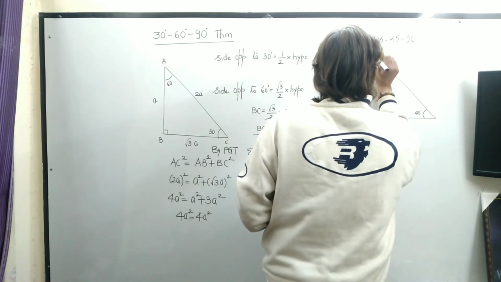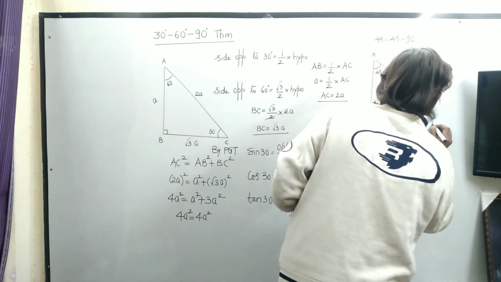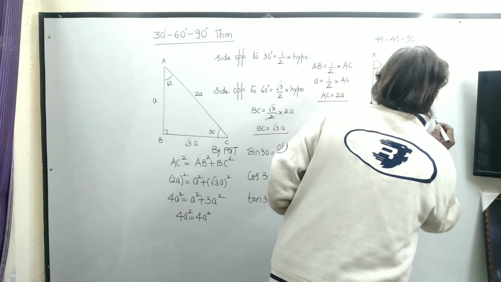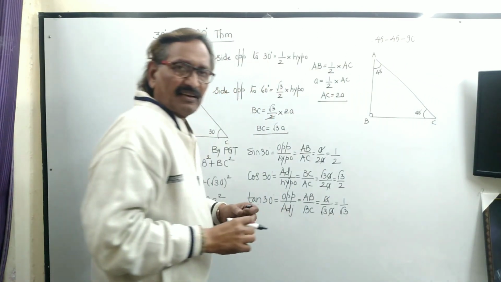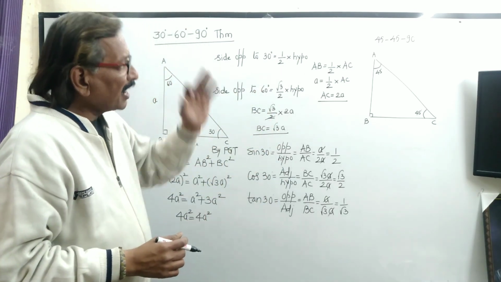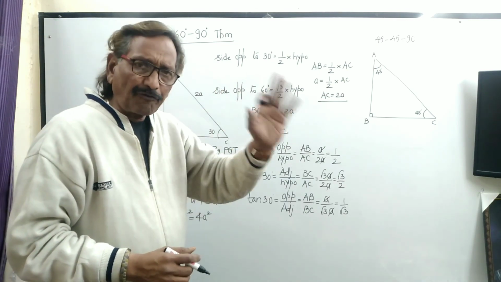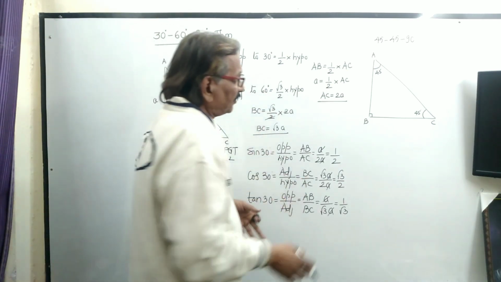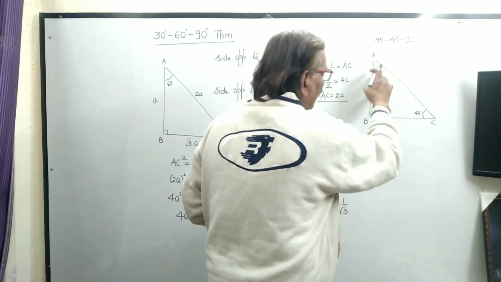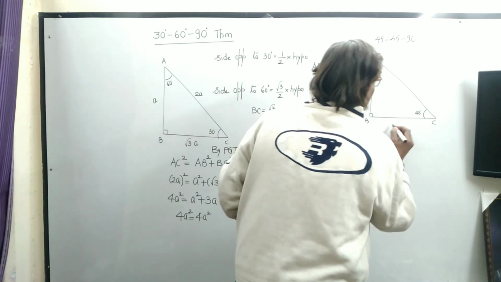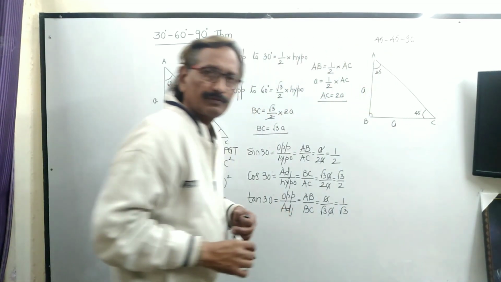This is 90, a right angle triangle again. ABC is the right angle triangle at B. B is 90 degree. A and C, both the angles are 45 each. Now, you know, the side opposing the congruent angles is also congruent. So instead of taking here just a, I will be taking an a here also.